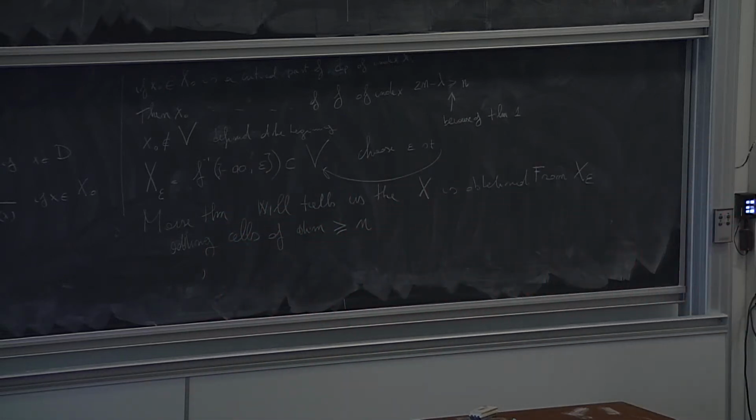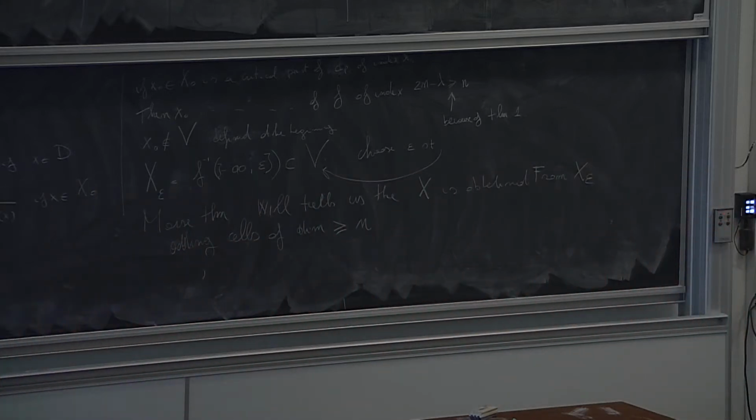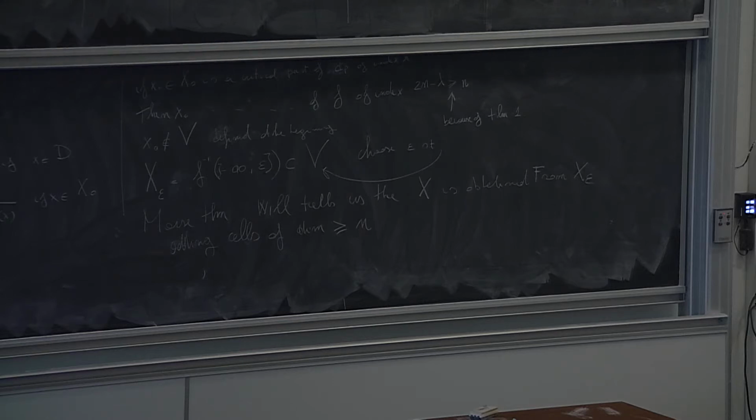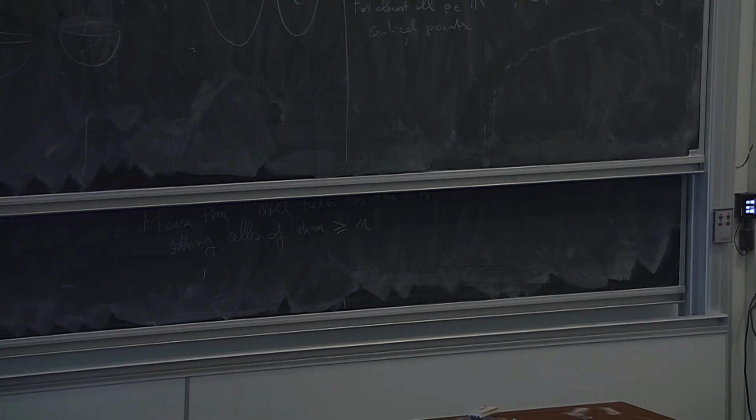Since you put 0 on D and the function is positive outside of D, D should be a set of critical points. Yeah, but look at the statement. I care about things which you can do by hand. The variety C plus epsilon is obtained from the smaller variety by adding cells.